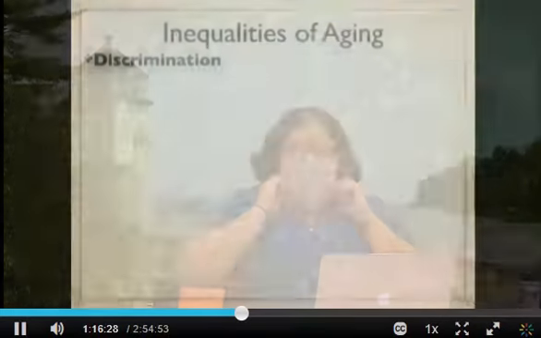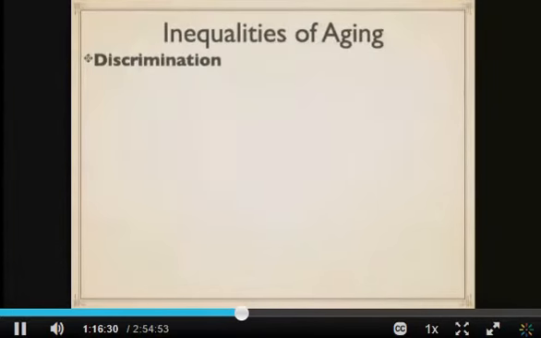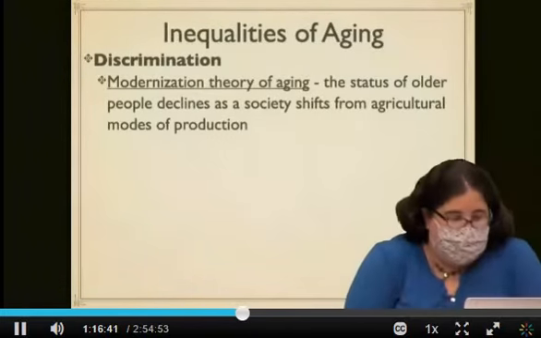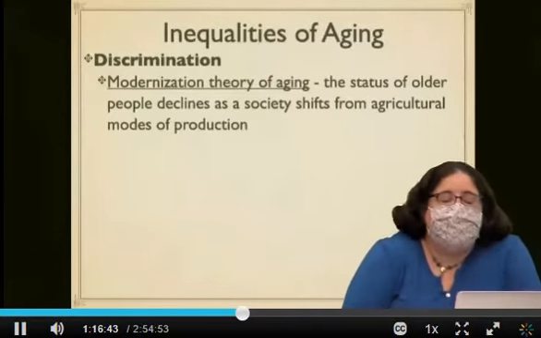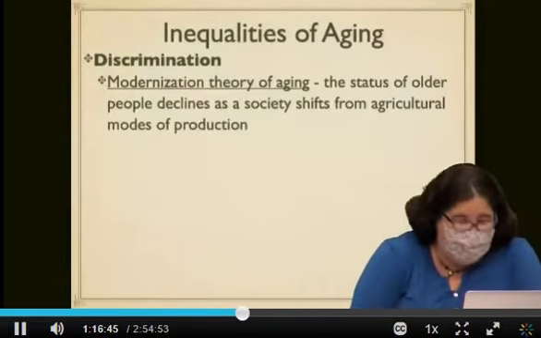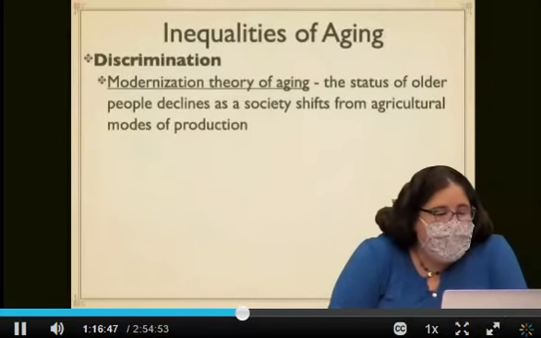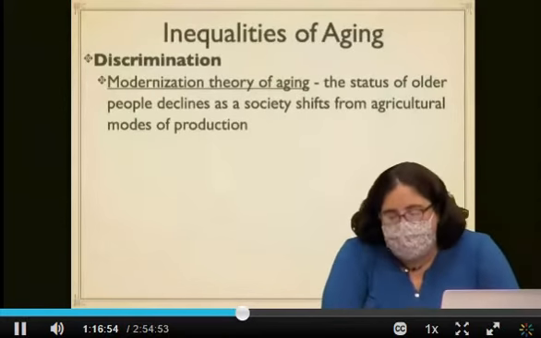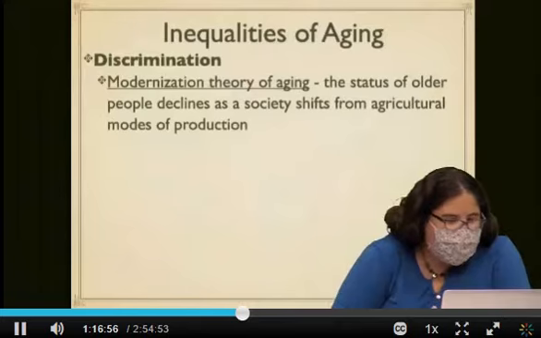Another issue faced by people in general is discrimination. But when we're talking specifically about aging and discrimination against people who are aged, there are a couple theories for this. There's something called the modernization theory of aging, which says that the status of older people declines as a society shifts away from agricultural modes of production, right?